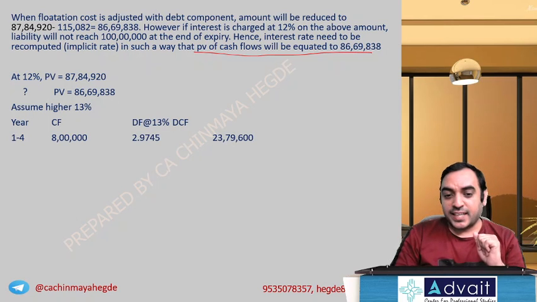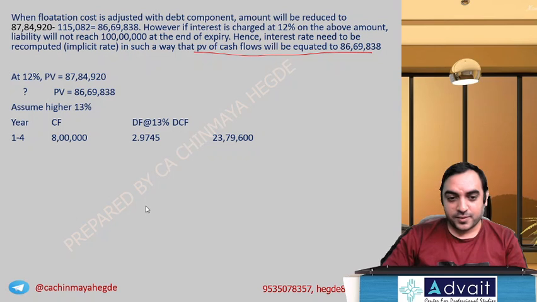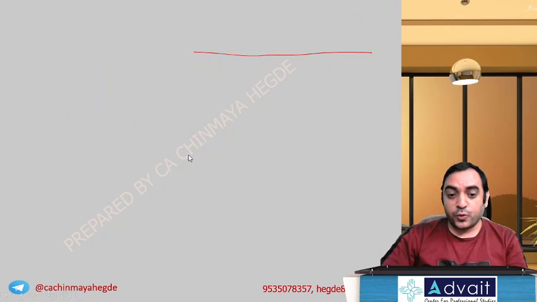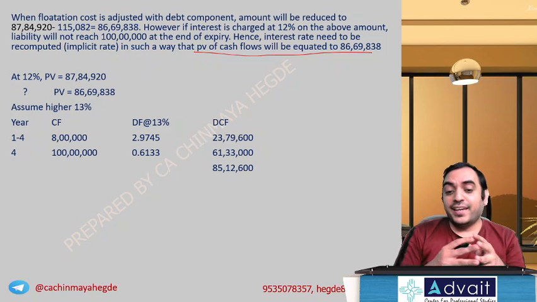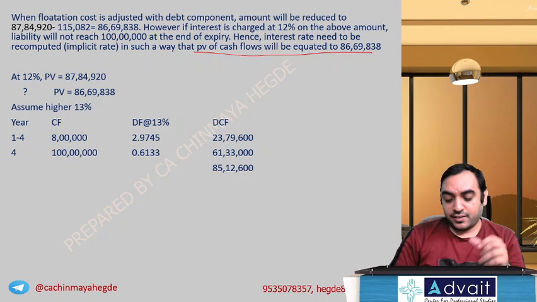So at 13%, let's calculate the present value. If I use years 1 to 4, 8 lakh every year, at 13% I think I get 2.974 as the cumulative discounting factor for 4 years, plus the last year's discounting factor, and the total comes to 85,12,600.